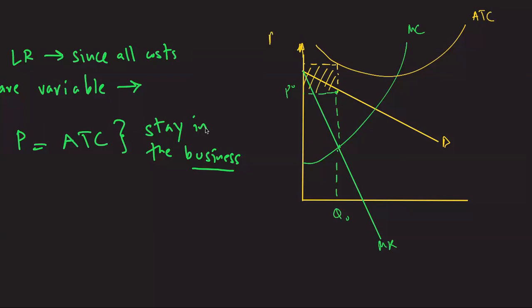So in the long run, it's better to shut down producing when your price is less than ATC because all costs are available. In the long run, Abbas is saying supernormal profits can be made in the long run only.